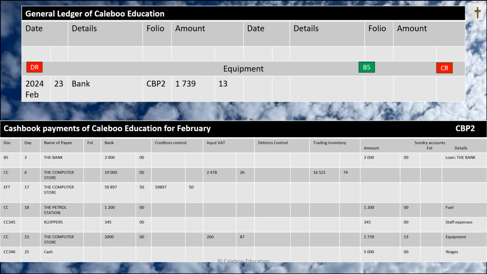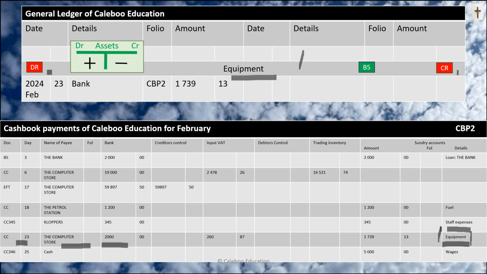And the next transaction that needs posting to the general ledger, we're looking at the equipment account that was purchased on the 23rd from the computer store. I remember it was a deposit that was paid for the smart screen, the smart TV, to be used in business operations. Now we look at the equipment account and we decide, should it be debited or should it be credited?